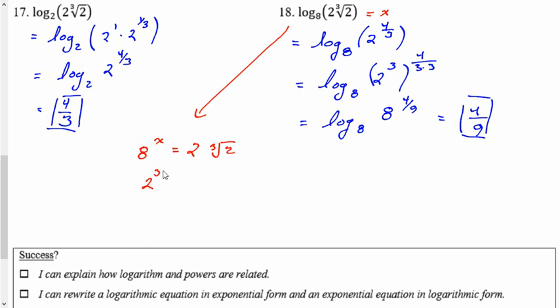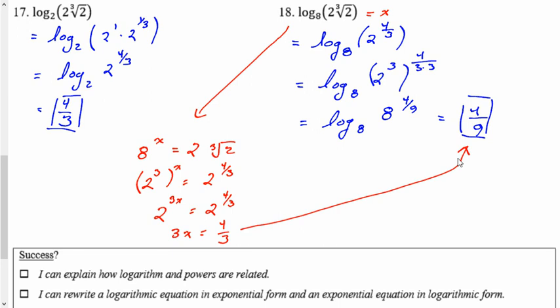And then on the right side, as we saw before, this will be a 2 to the 4/3. Simplifying a little bit further, 2 to the 3x equals 2 to the 4/3. Power equals power, base equals base, so the exponent of 3x equals the exponent of 4/3. Divide the 3 over, and I get same answer.